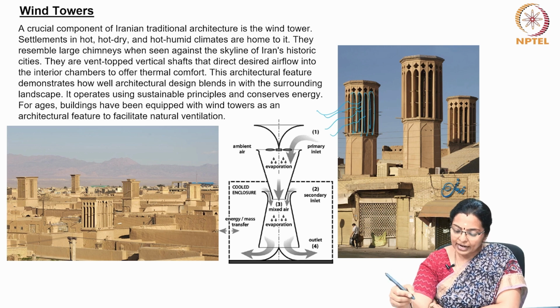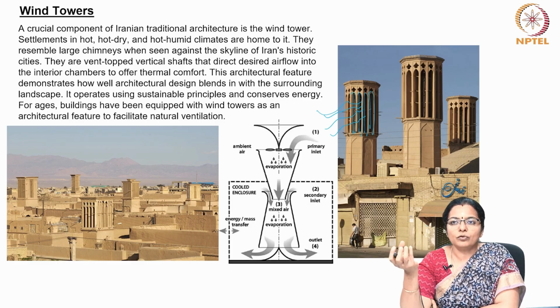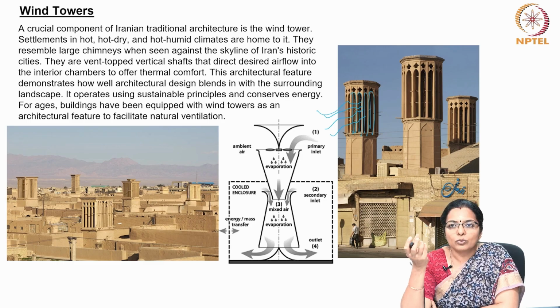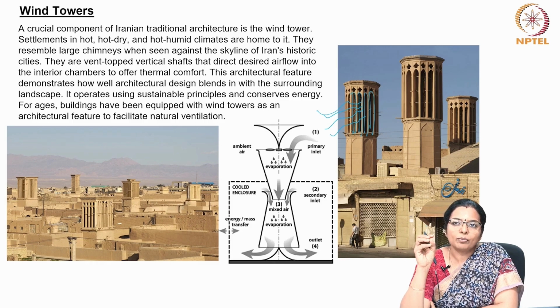So when the breeze enters inside, then at a lower level there is some feature which is used to increase its humidity. These vent-topped vertical shafts direct the airflow inside to offer thermal comfort.